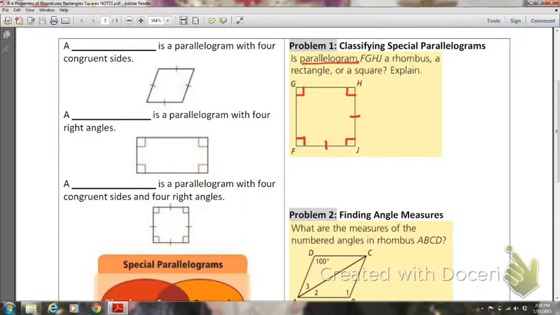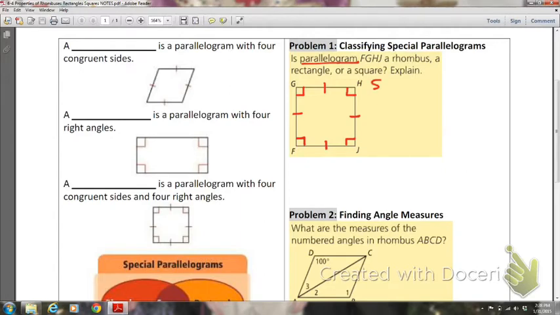So there we know it has four right angles. We also know from the properties of a parallelogram that the opposite sides are congruent. So FJ has to be congruent to its opposite side, which is GH, and JH has to be congruent to its opposite side, which is FG. So we now have four right angles and four congruent sides.